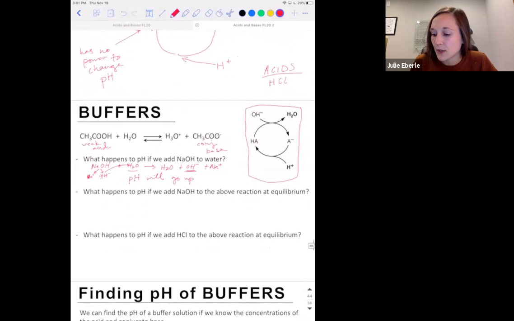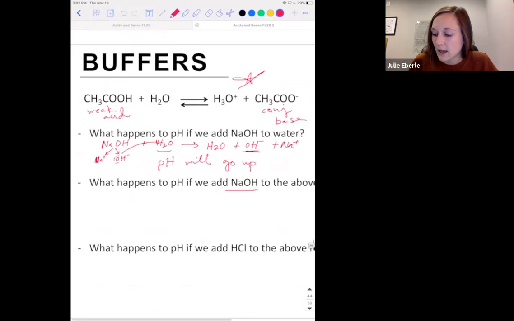All right, look at the second question now. Now what happens to pH if we add sodium hydroxide to the above reaction? Okay, this one up here, at equilibrium. What will happen to pH? So if we add sodium hydroxide, it's like adding Na plus and OH minus.